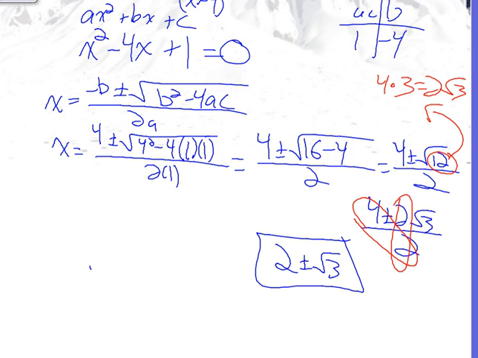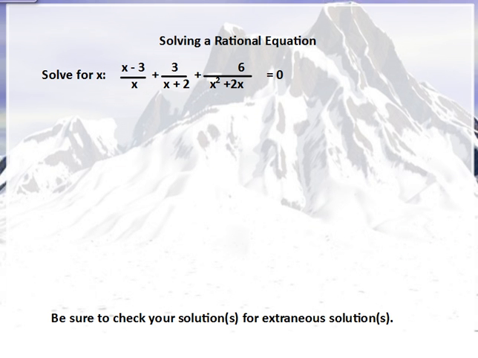All right. So now we're going to take it one step further and see here we don't have just one value that's going to be my LCD. I have x, I have x plus 2, and I have x squared plus 2x. But lucky for us, those things all are related to one another. Okay? It just so happens that x times x plus 2 equals x squared plus 2x.